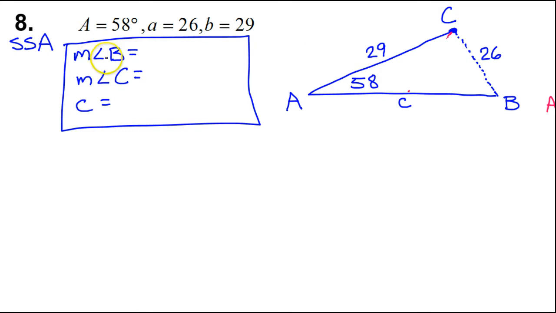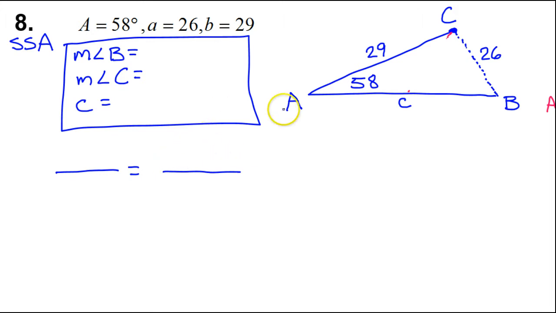So the first thing I'm going to go after is angle B, because I see that that's something that I need, but it's across from a number that I have. So let's go after the measure of angle B. As I set up my law of sines, I have to decide, am I going to do the version where I put the angles in the top, or do I do the version where I put the sides in the top?